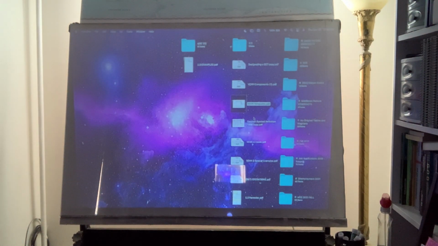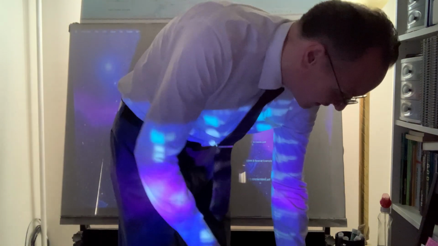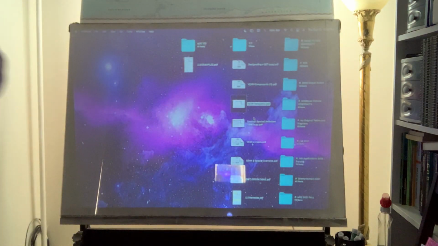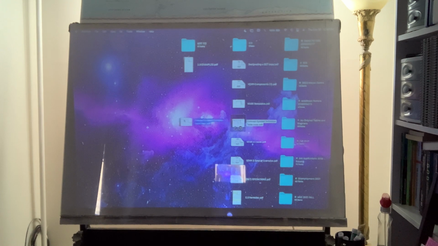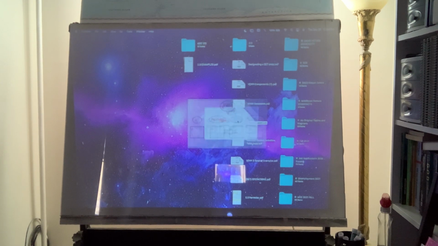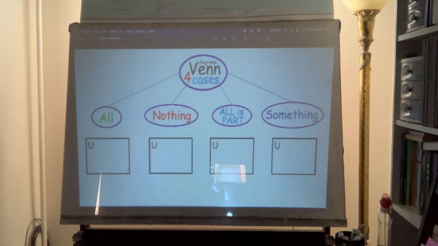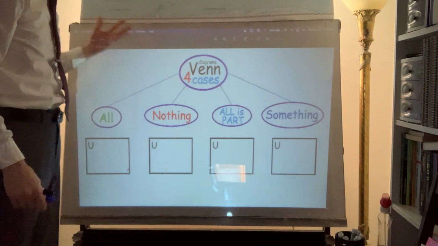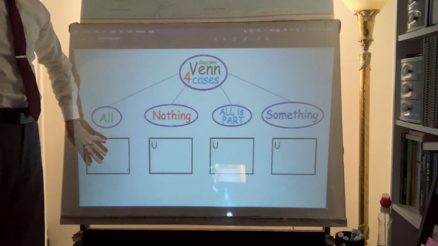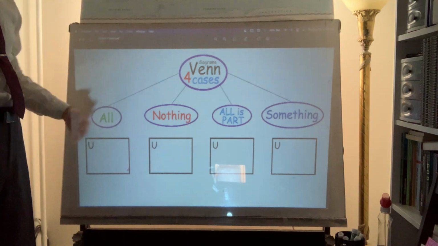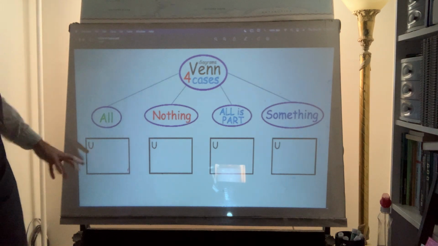Okay, now let's fill in this diagram. Essentially, you'll use Venn diagrams perhaps to illustrate that all is in common between two things being compared.